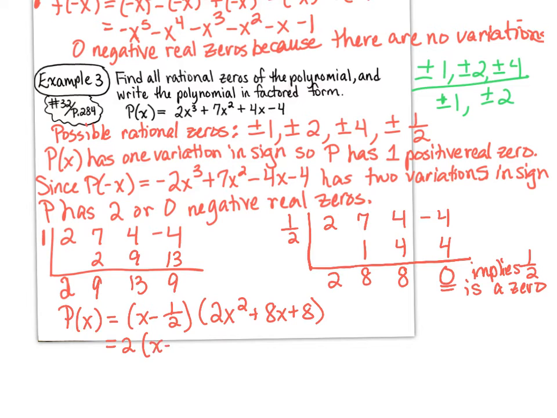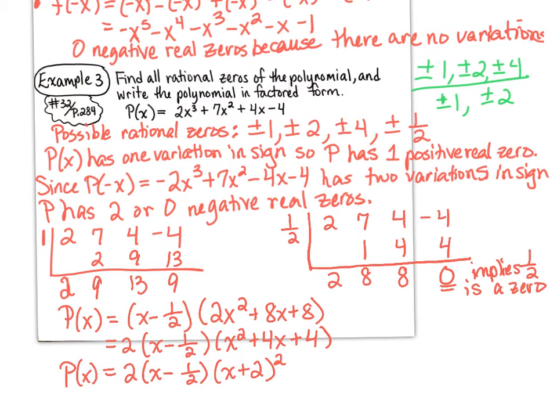We'll have 2 times x minus 1/2 times x squared plus 4x plus 4. And how can you factor x squared plus 4x plus 4? It's not x plus 4 times x plus 4. It's x plus 2 quantity squared. Good.